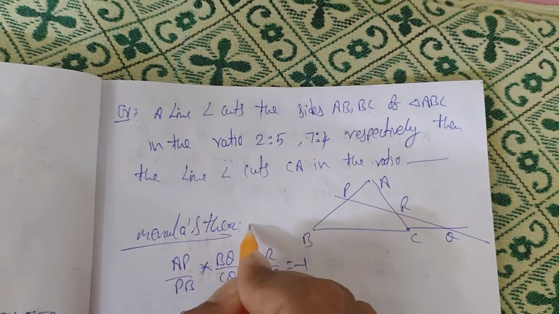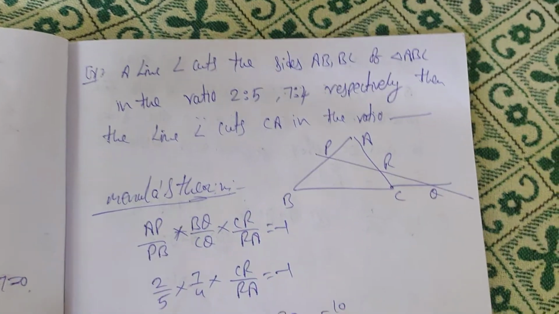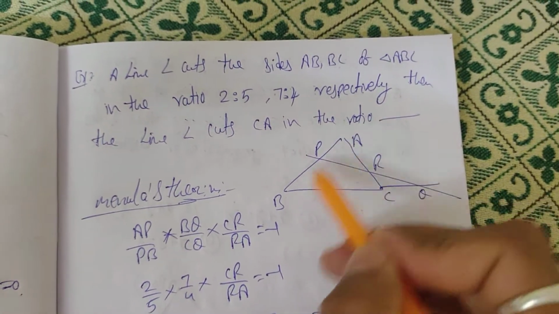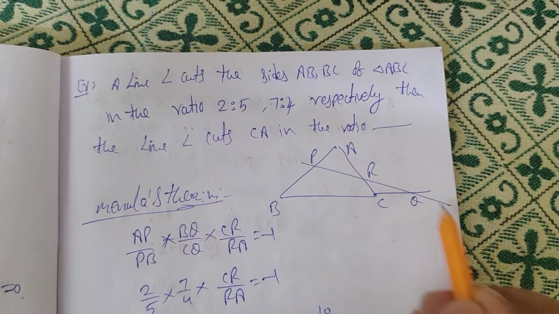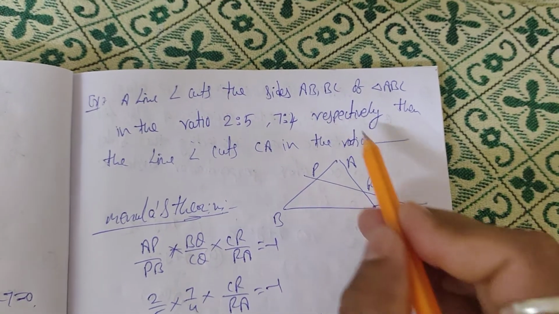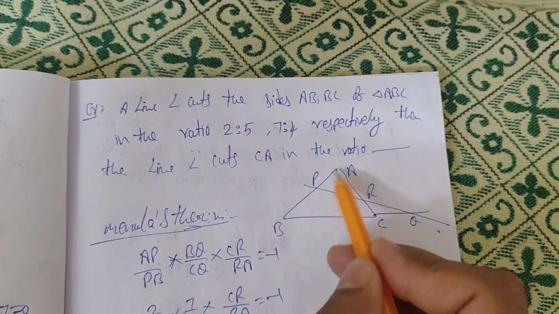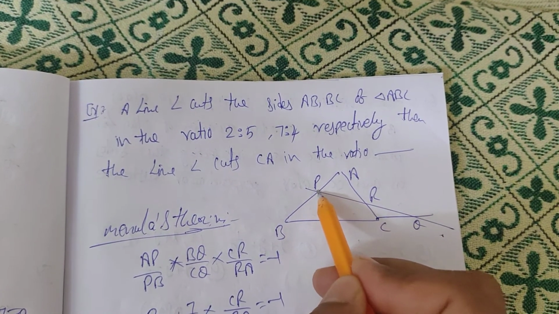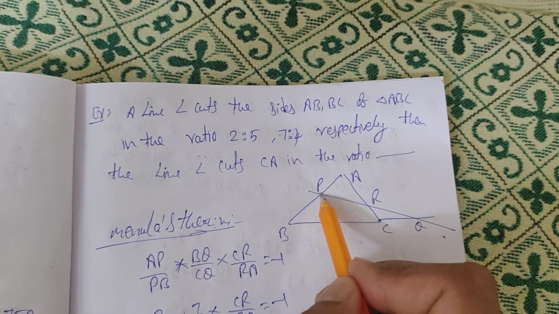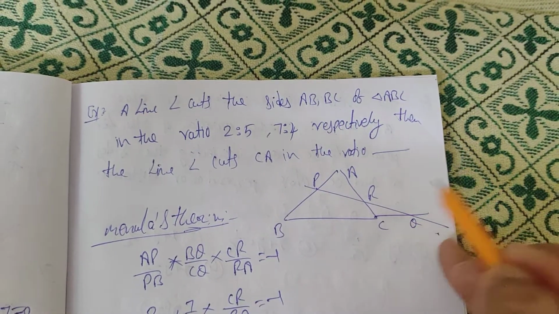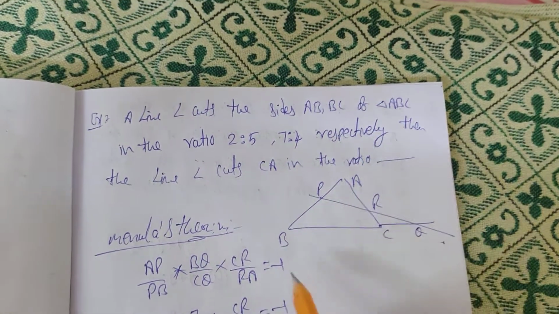Menelaus's theorem, so what does it say? Take A, B, C. This is the line. The ratio in which the line divides AB, they gave 2:5. Let us consider this point as some P where it divides. And for BC, they gave 7:4.